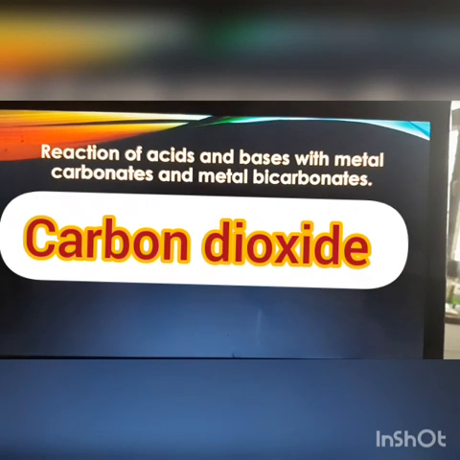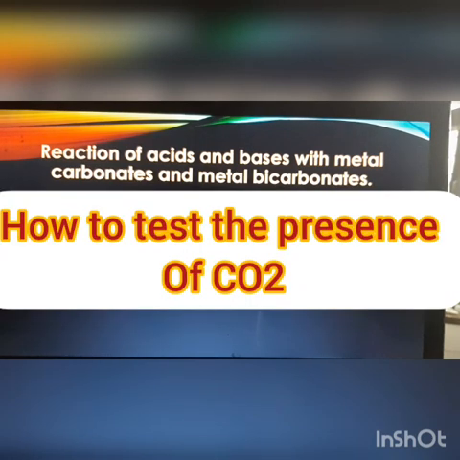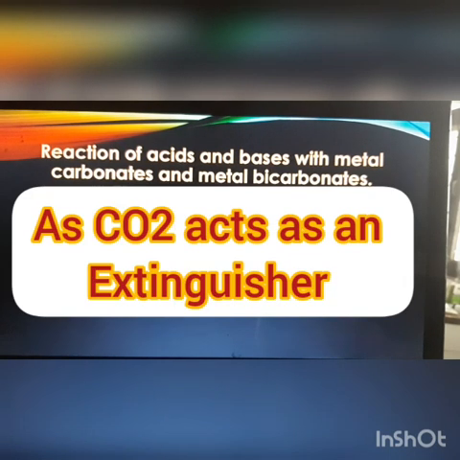So how are we going to test that this is carbon dioxide? We have already seen that if you bring a burning matchstick in front of the gas, it is extinguished immediately, as carbon dioxide acts as an extinguisher.